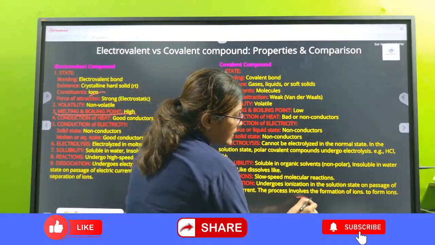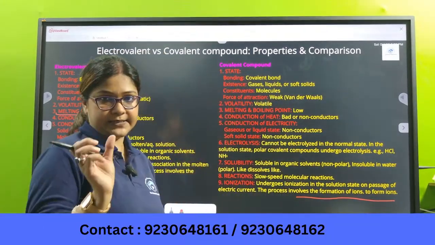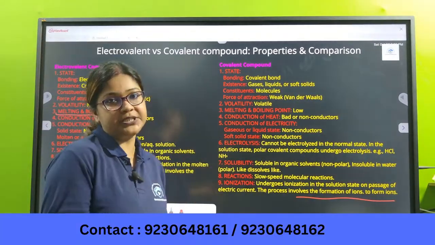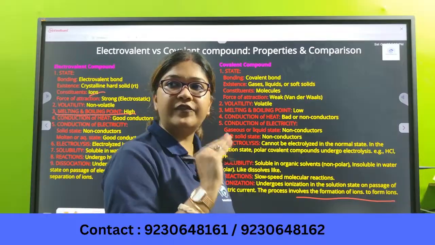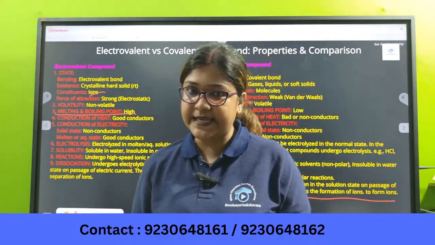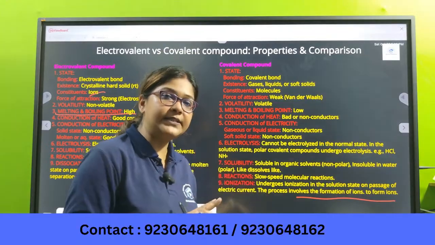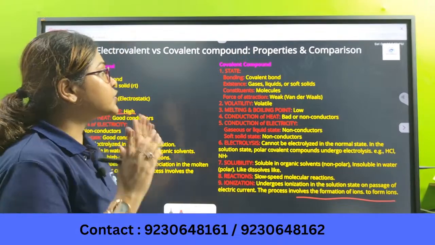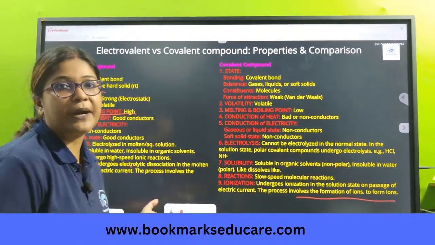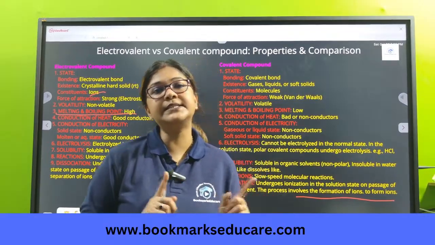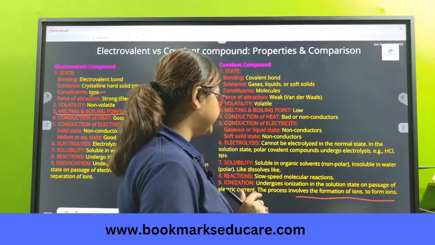Free ions are formed and ionization takes place. So for electrovalent compounds, dissociation takes place, and for covalent compounds, ionization takes place. Okay? So this is a brief chart comparing the properties of electrovalent and covalent compounds.